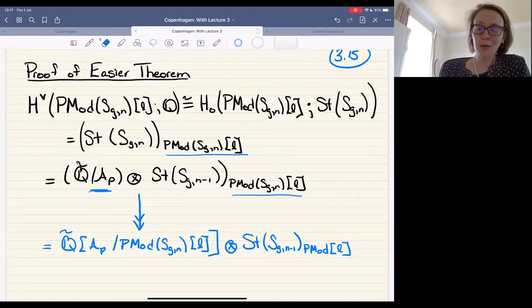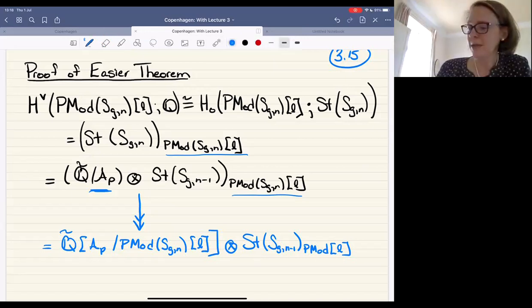So what we're surjecting onto, I'm just making use of the tensor product structure here. On the right-hand side, I'm getting the level L congruence group acting on the Steinberg module with one fewer marked point.